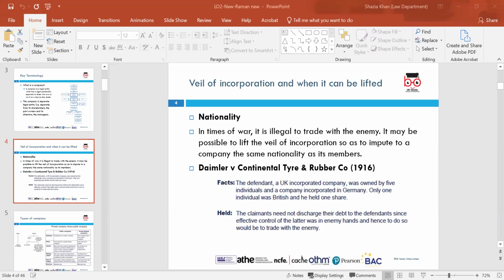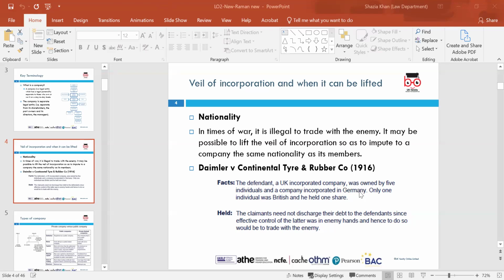And in times of war, it is legal to trade with the enemy. A case in regards to the corporate veil is the case of Daimler and Continental Tire and Rubber Company Limited, 1969. The facts in this case are that the defendant, a UK incorporated company, was owned by 5 individuals.